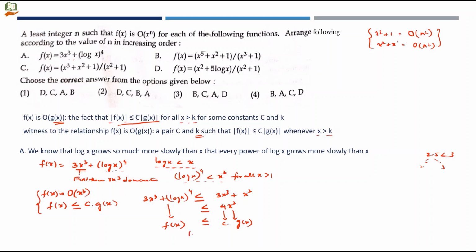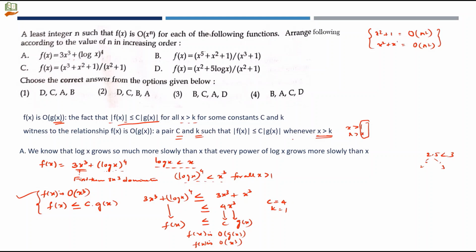The other way to write this is f of x is big O of g of x. Now what is g of x? It is x cube. This is what we have found already here. Now we know the value of c is 4, but here they have asked for the value of c and k. We know x is greater than 1, and x is greater than k will state that k is equal to 1. So from this we can say k is equal to 1.